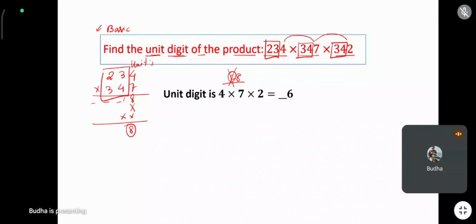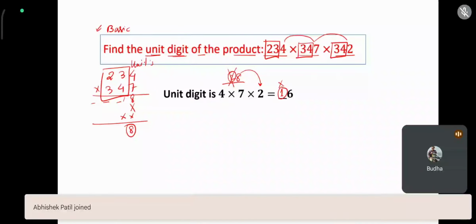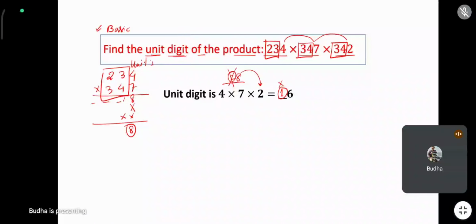I'm interested only in the last. 8 into 2 is 16. So in 16, the tens digit is again not my concern. I don't need this tens place digit. My concern is only with the last digit. Am I clear with this, everyone? Yes, sir. Okay.